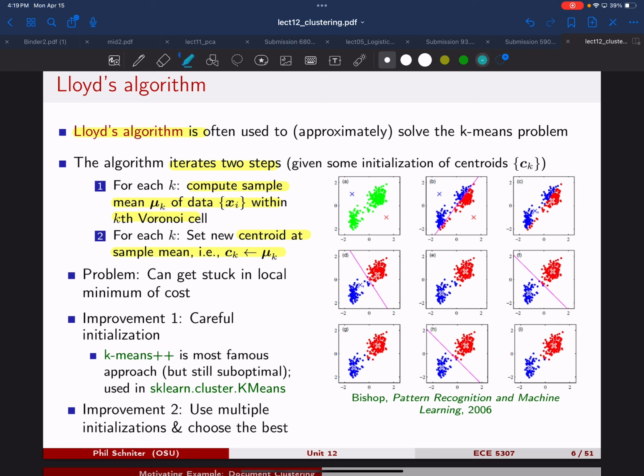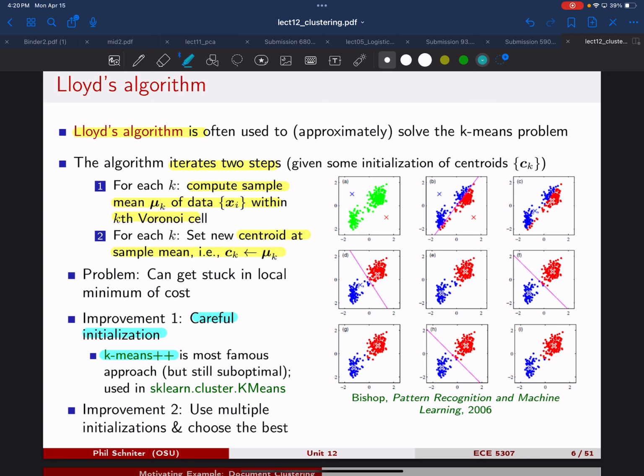One is a careful initialization, and there's a famous approach called k-means plus plus. This initialization is still sort of random, but it has certain guarantees. That definitely helps, but it doesn't solve the problem. It doesn't mean you won't get stuck in a local minimum. It just tends to be better than a random initialization.